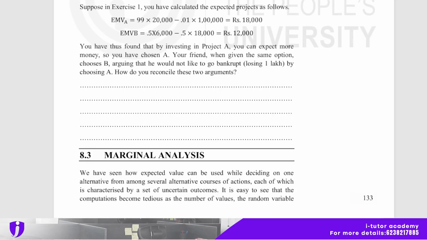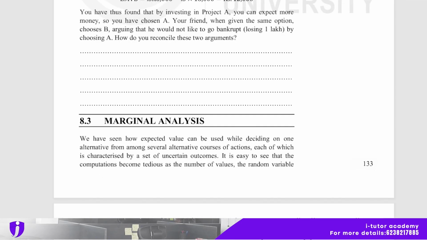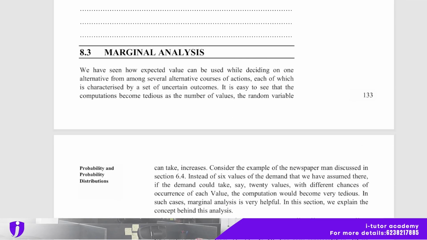We have seen how expected value can be used while deciding on one alternative from among several alternative courses of action, each of which is characterized by a set of uncertain outcomes. It is easy to see that the computation becomes tedious as the number of values the random variable can take increases. Consider the example of the newspaper man discussed in section 6.4.